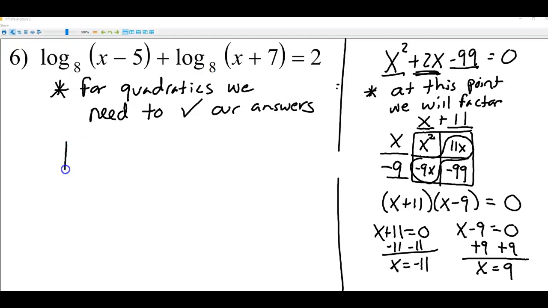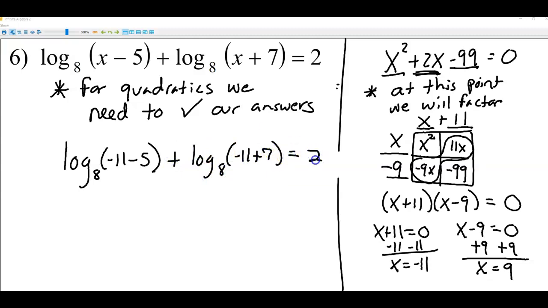If I were to plug in negative 11, what does that make? Yeah, so that makes negative 16, right? You can't have a negative in there. So that means this is not a solution. We cross that off.